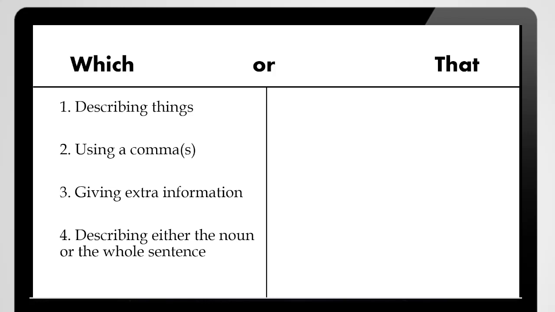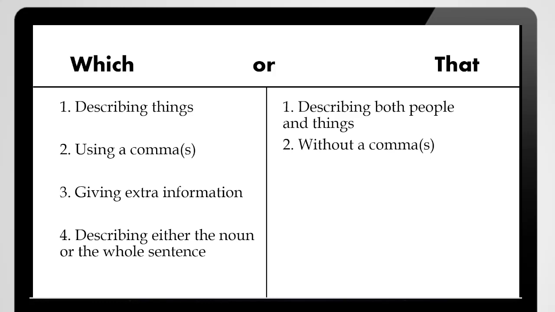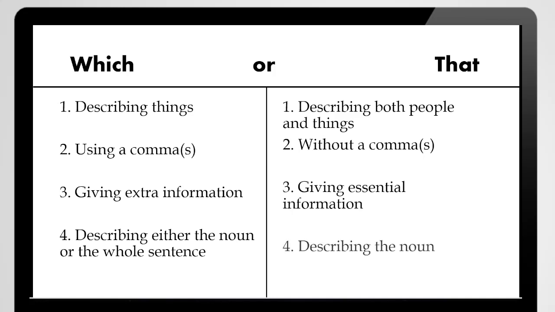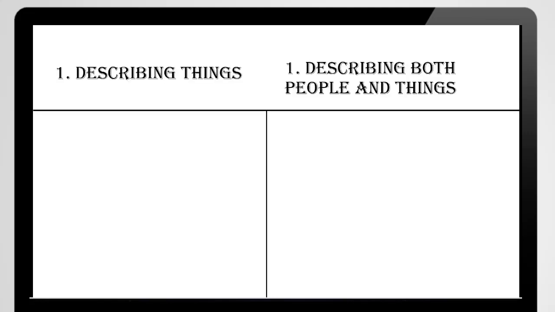It is used to describe either the noun or the whole sentence, while that is used to describe both people and things. It is used without a comma and it gives essential information or important information. It describes the noun. Okay, now let's get started with number one, describing things and people.